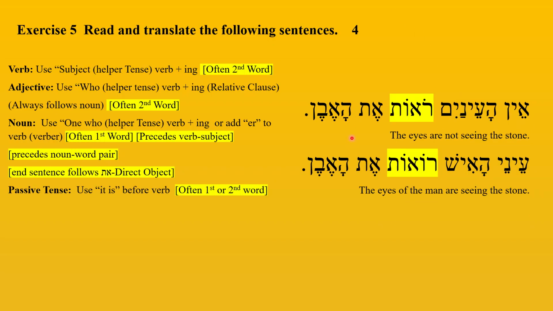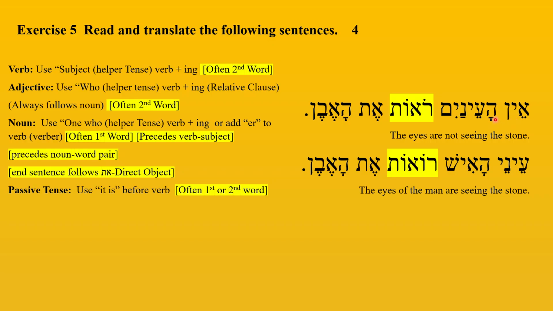Second half of number 4. Ein ha-enayim ro'ot et ha-eben. So here's our participle. It's in the third or possibly second position if this whole phrase here is a subject. Let's find out. So if this is in the second position, it could be the verb of the sentence. Ein is simply a negator.